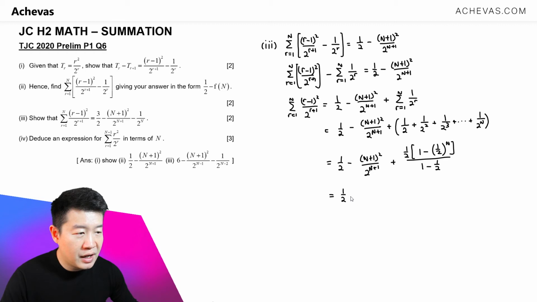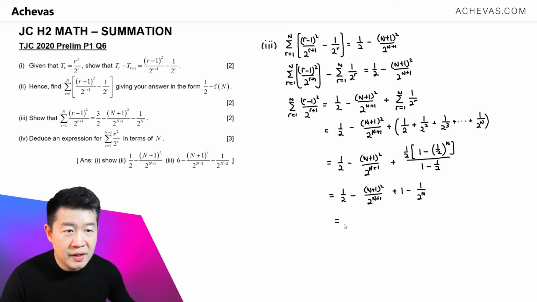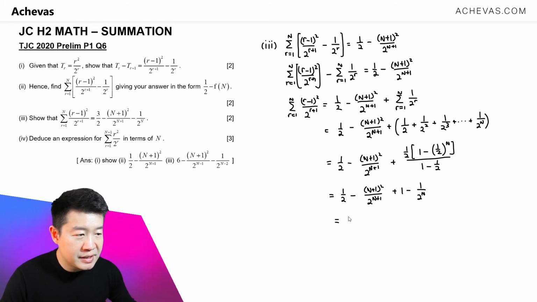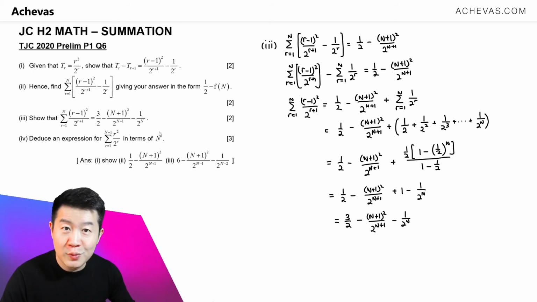So we will have a half minus n plus 1 squared divided by 2 to the power of n plus 1 plus 1 minus 1 over 2 to the power of n. So this is equal to 3 over 2 minus n plus 1 squared divided by 2 to the power of n plus 1, then minus 1 over 2 to the power of n, which is what we are supposed to be showing. So shown.